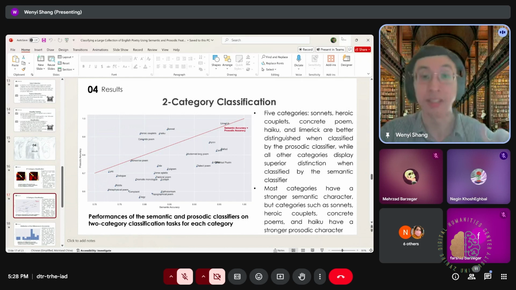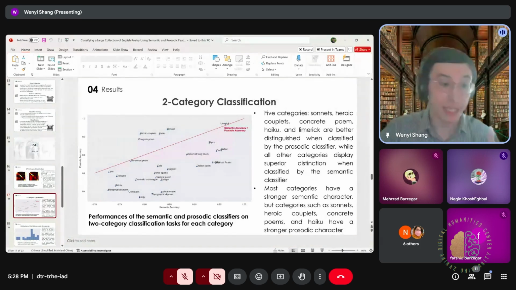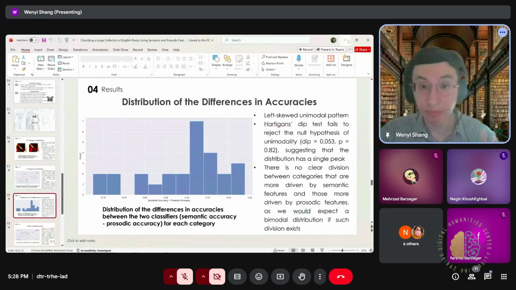Then we investigate the distribution of that. This is the distribution of the semantic accuracy minus prosodic accuracy, the difference for each category. We can see this is basically a left-skewed unimodal pattern.